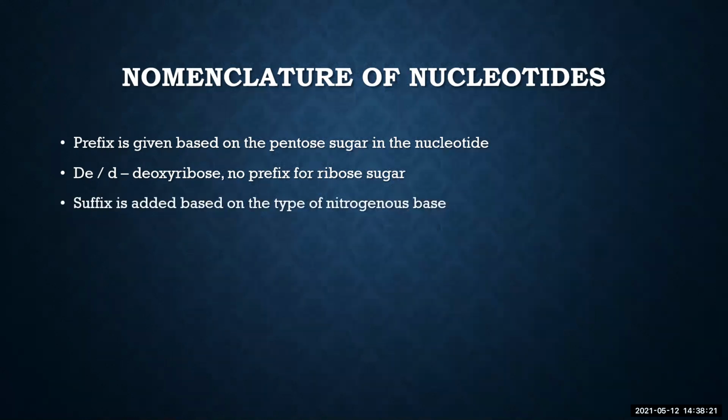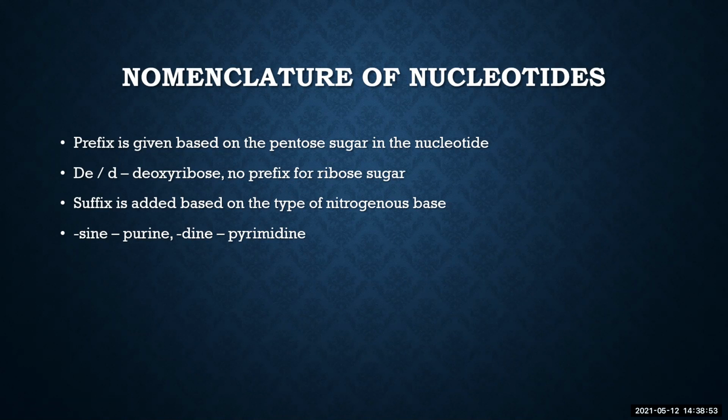The second rule is adding the suffix. A suffix is one that is added after the word. The suffix is added based on the type of nitrogenous base. We have two types of nitrogenous bases, purines and pyrimidines. When a purine is present within the nucleotide, the suffix of sine is added. When the nucleotide consists of a pyrimidine nitrogenous base, then a suffix of dine is added. Let me again explain the two rules.